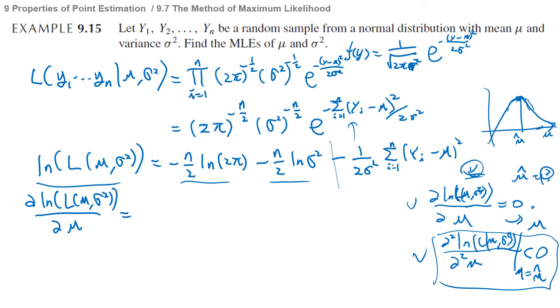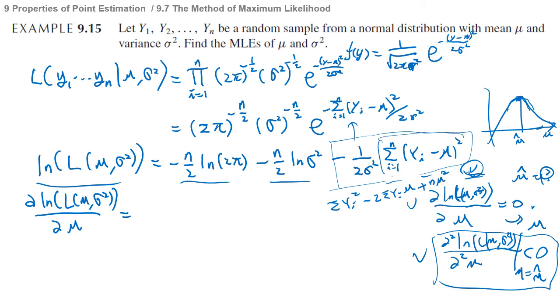Only this part is dependent on mu. This part is the sum of yi square minus 2 sum of yi mu plus n mu square.